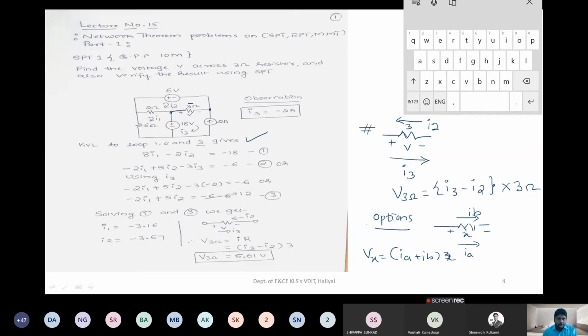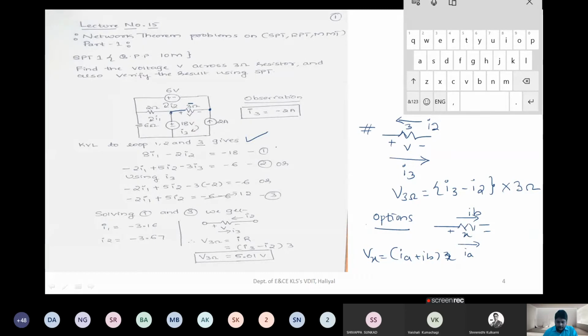You can even check if it is possible to apply source shift. Yes, you can shift the 2 ampere current to here and here, and later apply source transformation. So whatever method I am telling is not the only final solution. You can think about other methods also. Now I am using KVL.